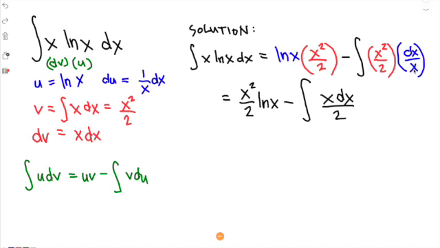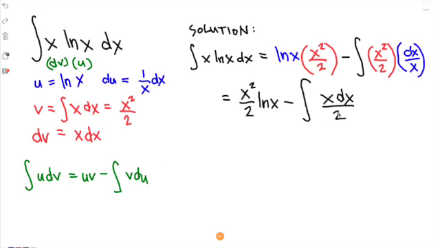So this is x squared divided by x. That would just be x times dx divided by 2. So we are left with this integral here that is easier to integrate compared to x ln x dx, right? So first, our problem is to integrate u dv, and we transform it in such a way that we need to integrate v du.